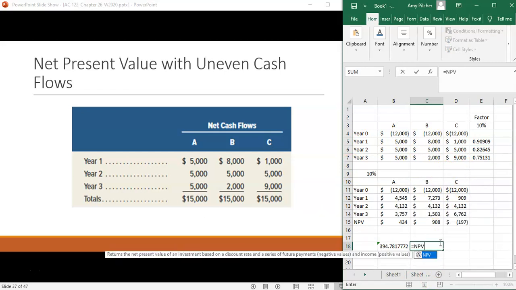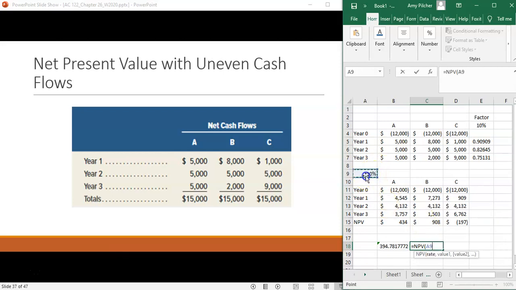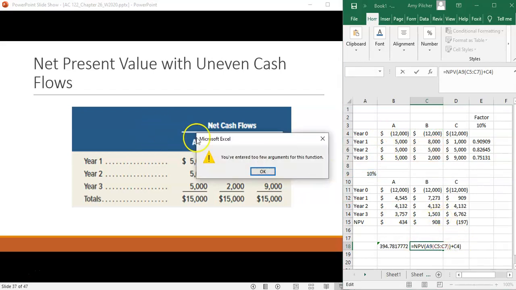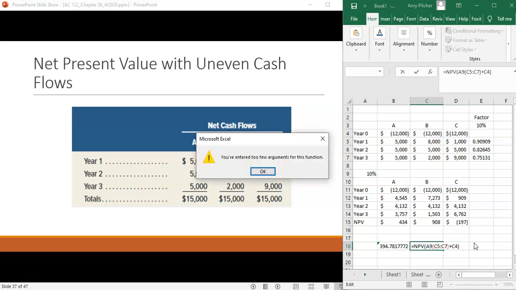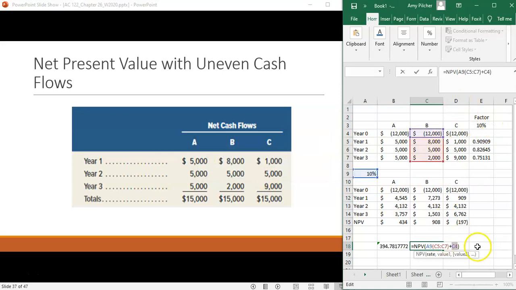So if we want to look at the net present value, we're going to select the rate. Then we can take these values, add the $12,000 investment, or not, need a comma.